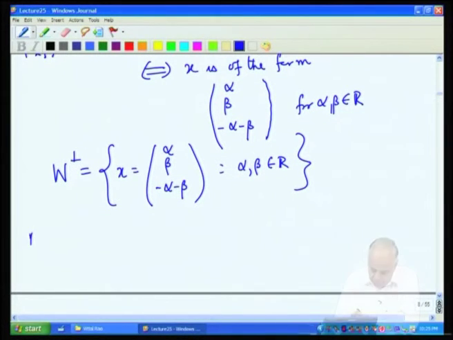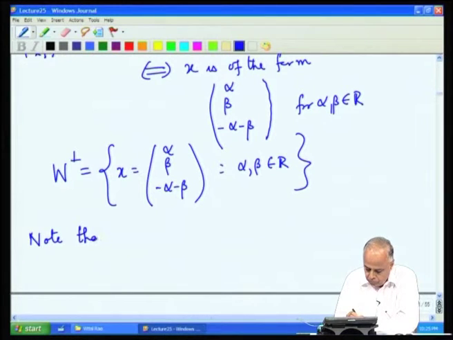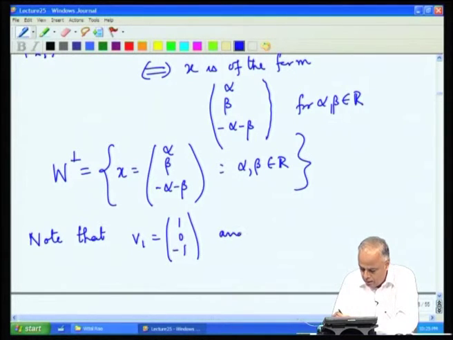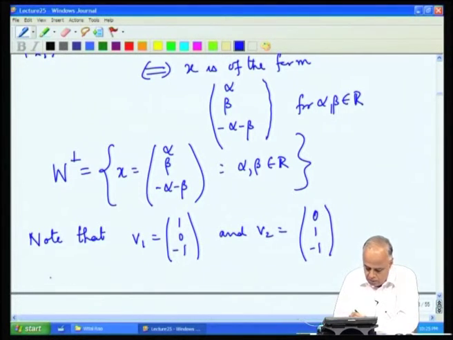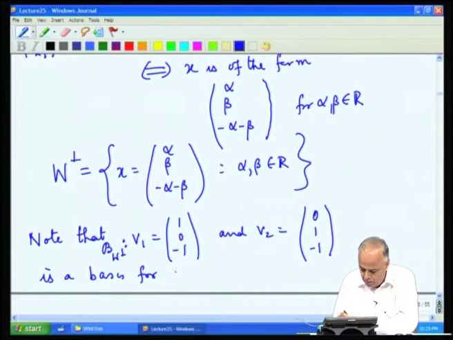Okay. Note that V 1 equal to 1 0 minus 1 and V 2 equal to 0 1 minus 1 is a basis for W perp, let us call this B W perp, because these two vectors are in W perp, and any vector alpha, beta, minus alpha minus beta in W perp can be written as alpha times V 1 plus beta times V 2.